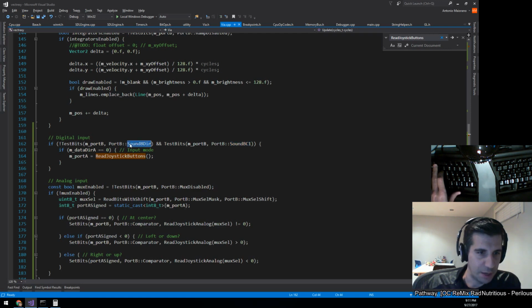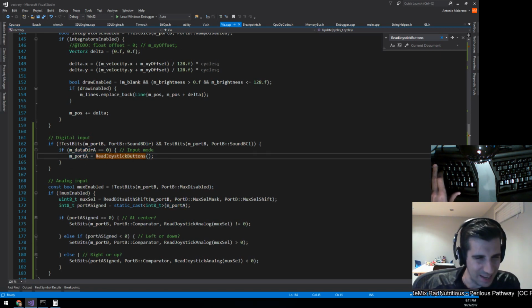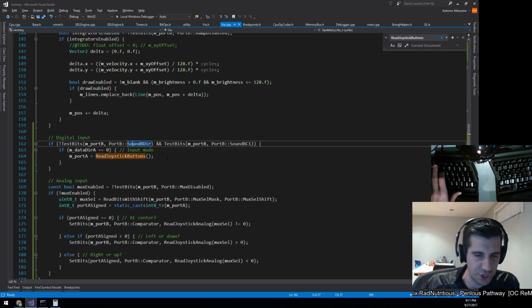Like if the sound B direction is false, but sound BC1 is true, so 0, 1, then we read data direction A in input mode. And the data direction A is in input mode. Then we do this read joystick, and this feels like a hack, right? I don't quite understand what the relationship is here.